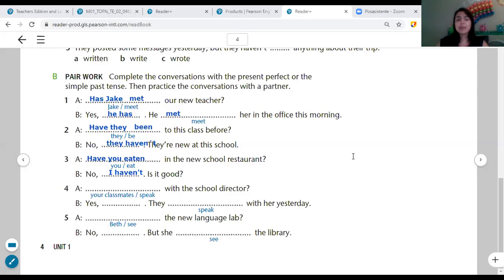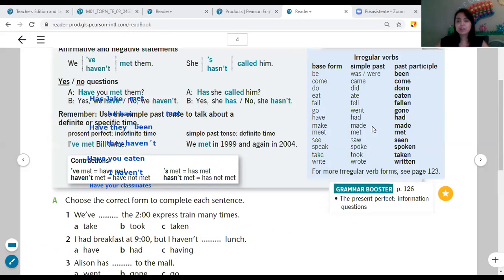Number 4. Your classmates speak with the school director. Again, simple present perfect. Have your classmates, and what is the past participle of speak? We can check in the box.